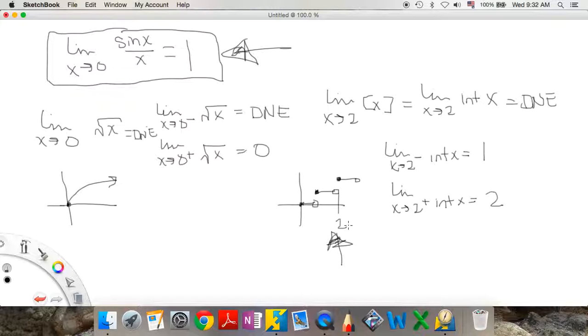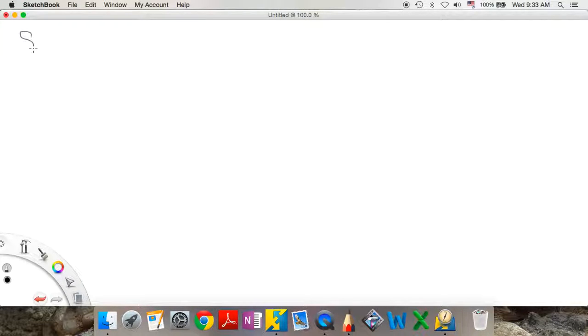Now we're going to run through very quickly, because we're almost out of time here, the sandwich theorem. This is really important. We'll talk about it some more in class.